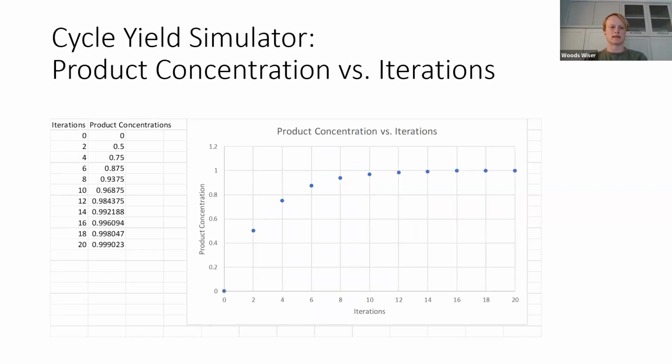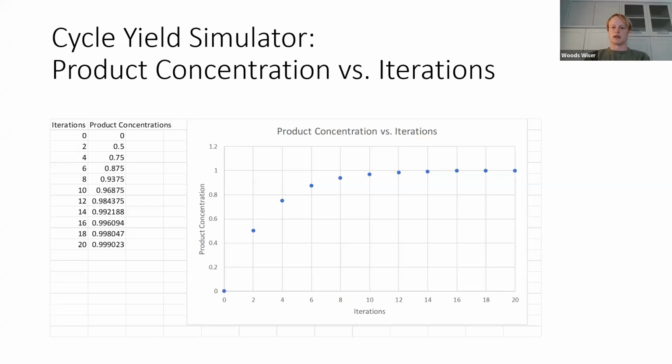What happens is, if you plot the concentration of the products over the number of iterations, you see that there's a plateau, and inherently that plateau should be predictable because it's deterministic. It's relying on the rate constants and the output. So this should be able to be figured out, and it's just a question of how.